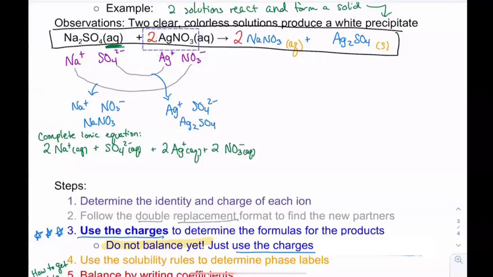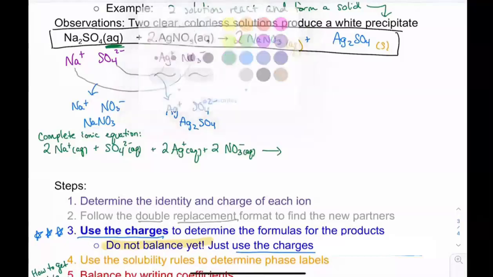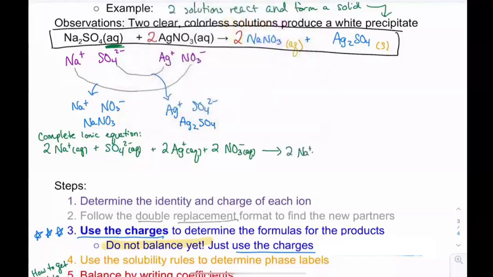So 2 copies of silver nitrate give me 2 silver ions and 2 nitrate ions. Next, I'll move along to the products. My first product, I have 2 sodium nitrates, that is aqueous. So that's going to give me 2 sodium ions and 2 nitrate ions.